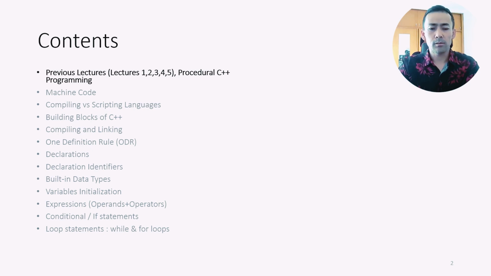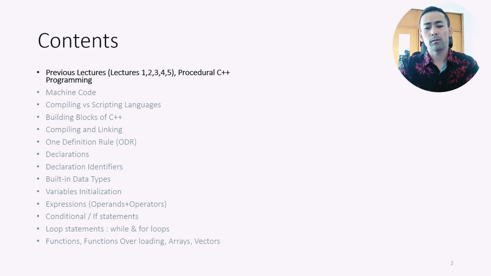We talked about loop statements, mainly while and for loops, and there we said we can use continue and break, wherever we want to continue our iterations or want to break the iterations in a set of numbers. We talked about functions, how we declare functions, how we define functions.